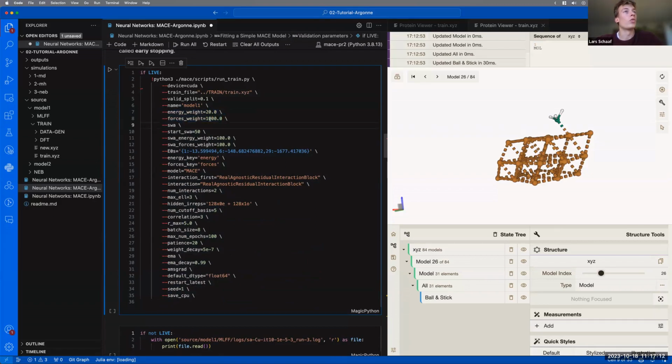We need to set which of the two we want to pay particular attention to. And so you can change these weights, and empirically it just works well to initially fit mainly on forces and later fit more equally on energies and forces.